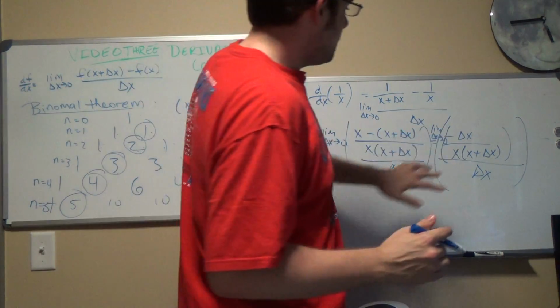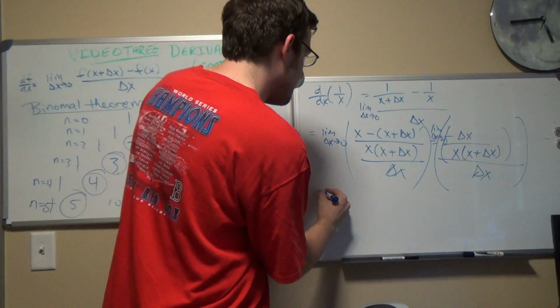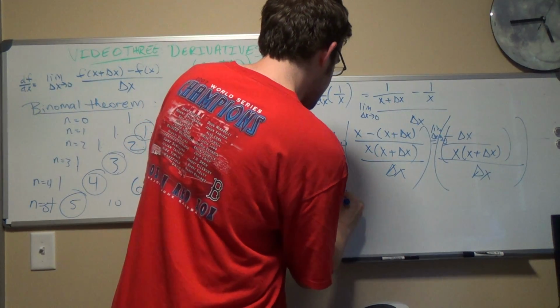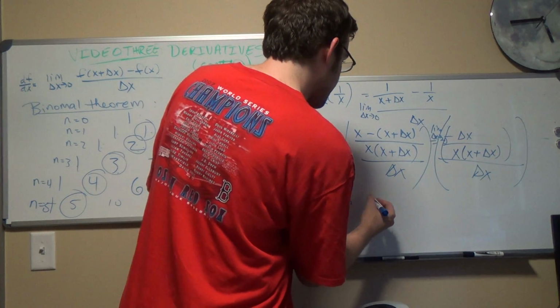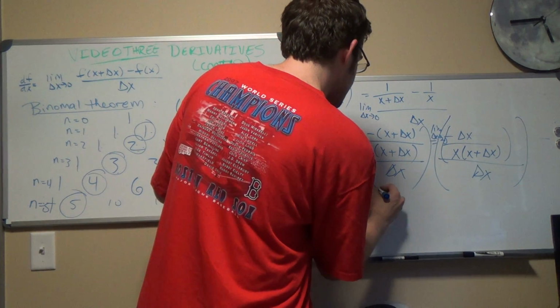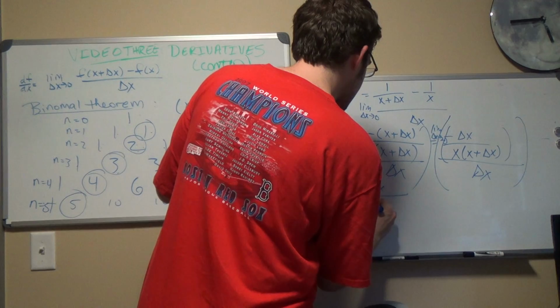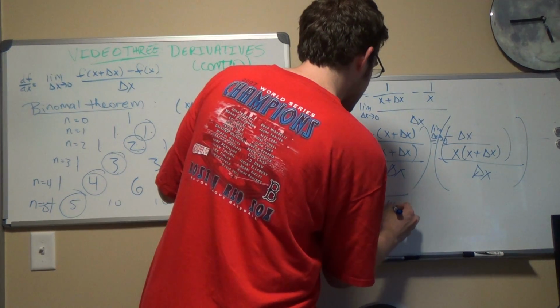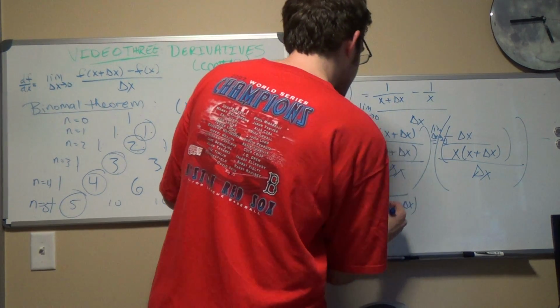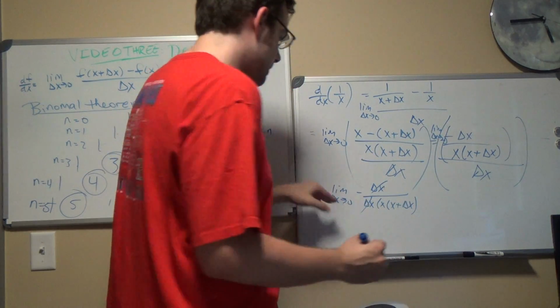So we can rewrite this as the limit as delta x approaches 0 of negative delta x divided by delta x times x plus delta x. So we can get rid of this.